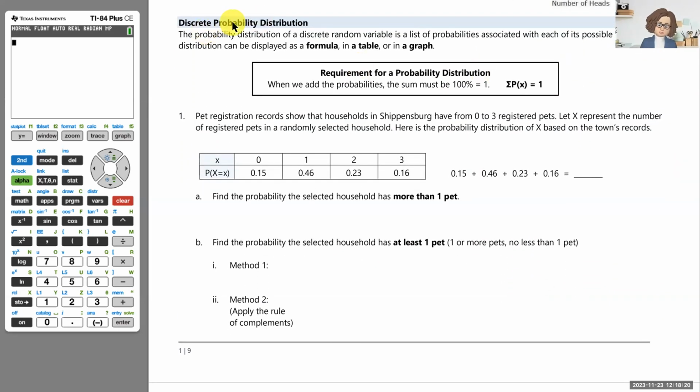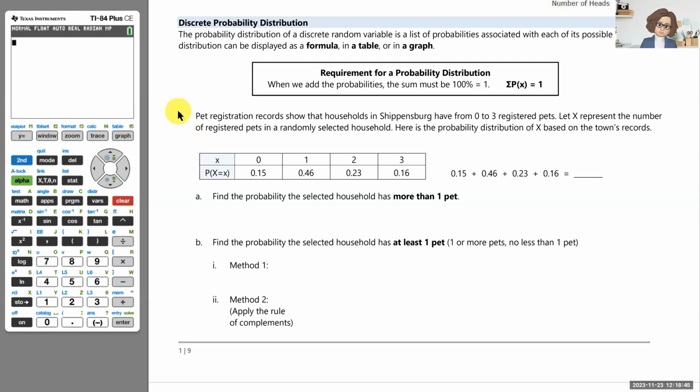So to be a discrete probability distribution, the one requirement we have is that when we add our probabilities together, we have to get 1, because we will always be listing every possible value of X along with its corresponding probability. So let's take a look at an example where they've given us the information already as a probability distribution.